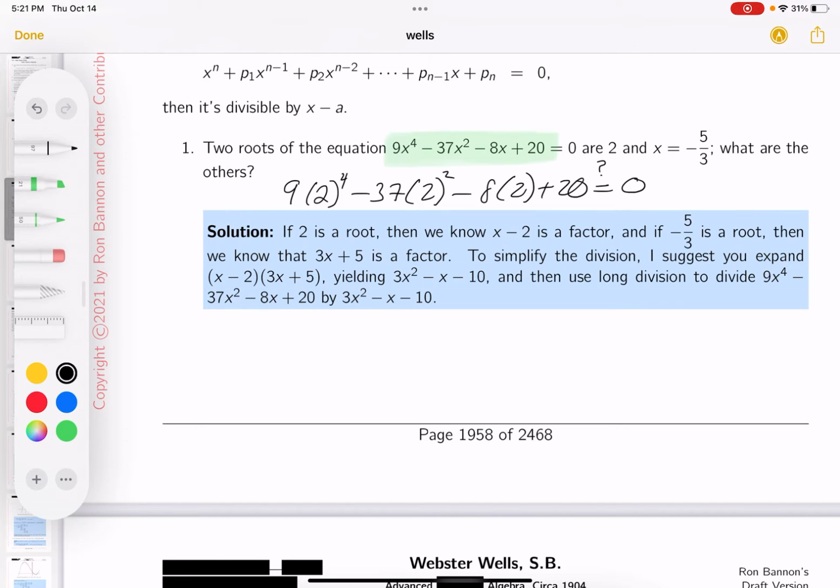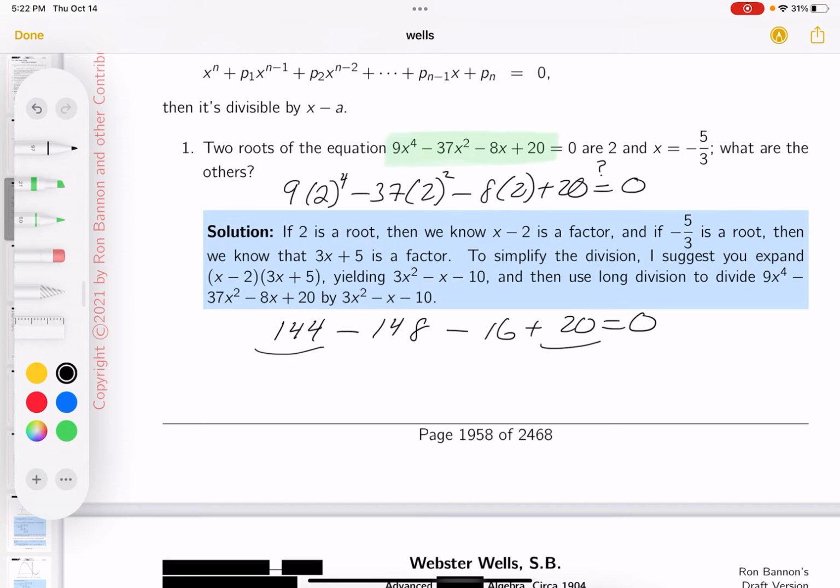Well, 2 to the 4th is 16. So it's 9 times 16, which is 144. And then 37 times 2 squared, which is 4, that's 148. Minus 16 plus 20 equals 0.